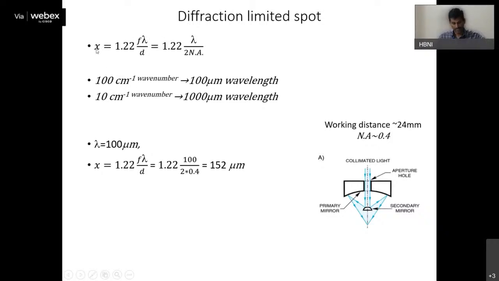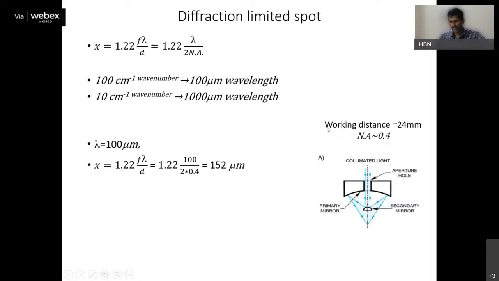From this equation one can calculate approximately, if you are taking a 100 micrometer wavelength, which corresponds to 100 centimeter inverse energy, the diffraction limited spot comes out to be around 150. So if you want to go below this, it is either not possible to do the high pressure measurement, or one can use a slightly bigger diamond and do a measurement up to very low pressure.